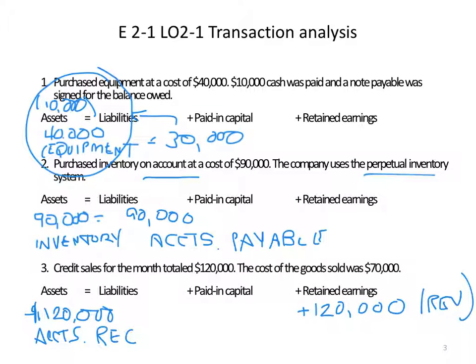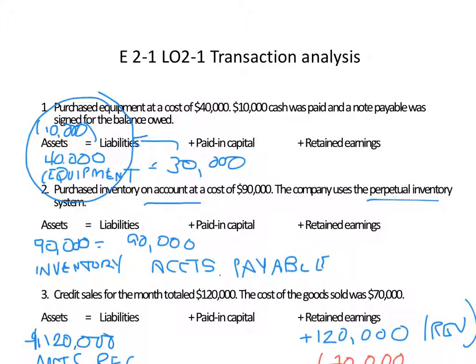Now, they gave something up. Inventory decreased by a cost of $70,000. And so we've got accounts receivable going up, we have inventory going down. And that cost offsets a portion of our revenue.